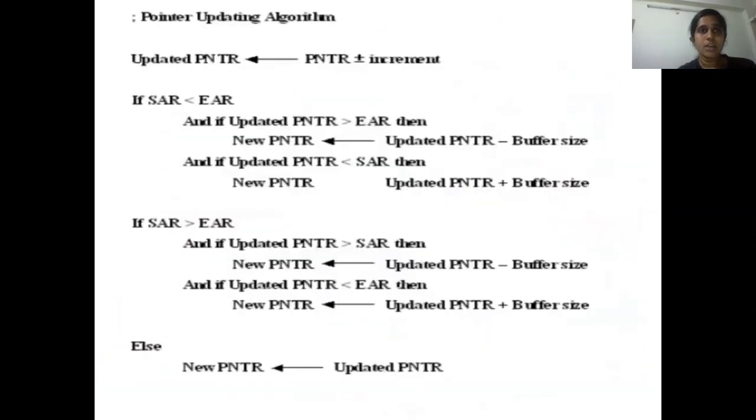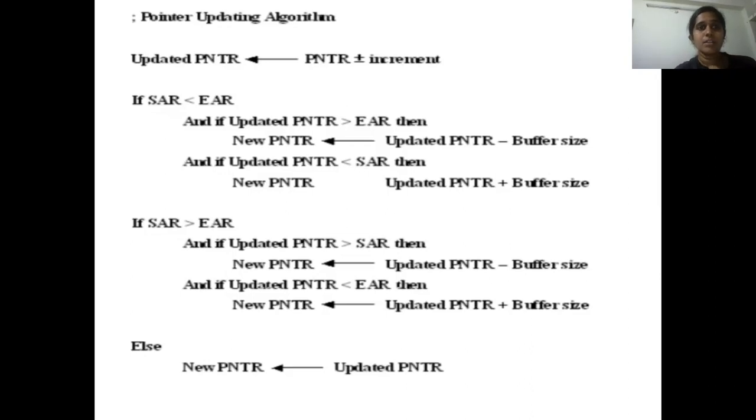Coming to the pointer updating algorithm, the pointer is getting updated, right? How is it getting updated? The updated PNTR is nothing but the pointer plus or minus the increment. Either it is an increment or a decrement, and that value is updated in the pointer register.